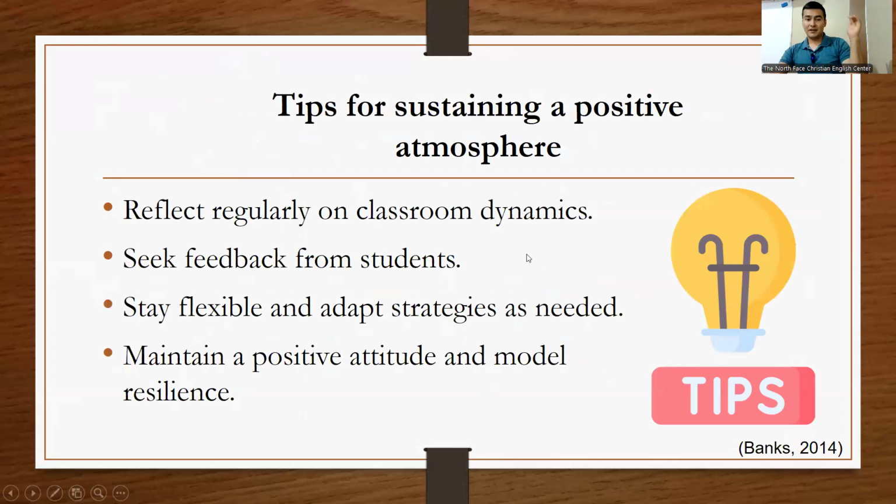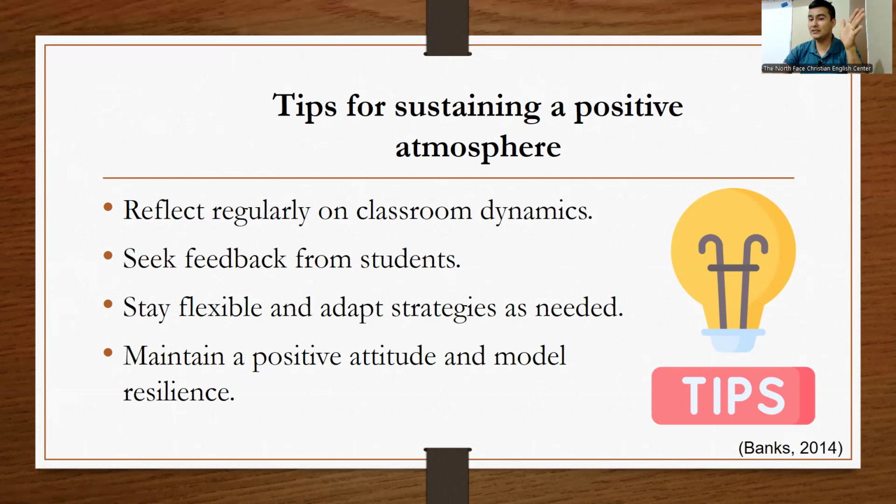And here I have four tips for sustaining a positive classroom. Reflect regularly on classroom dynamics. If it's too hot or something like that, we need to adjust some things. Seek feedback from students. Sometimes we think we're teaching the right way, but not all of them like it.